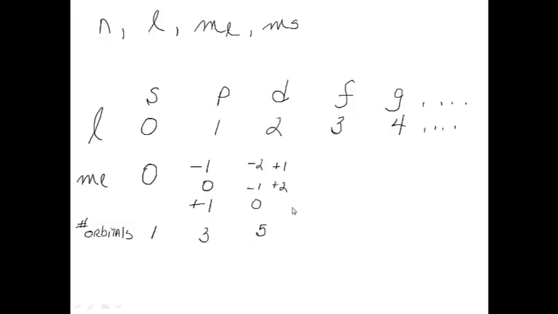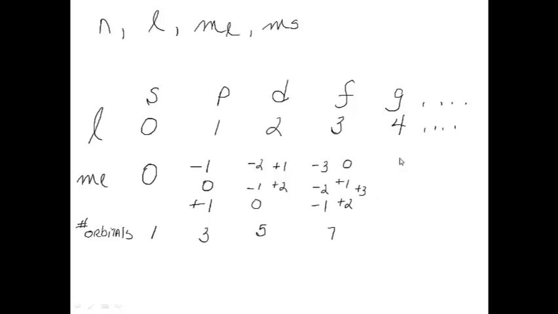That is 5 total orbitals. When L is 3, M sub L is -3, -2, -1, 0, +1, +2, and +3. That's a total of 7 orbitals.